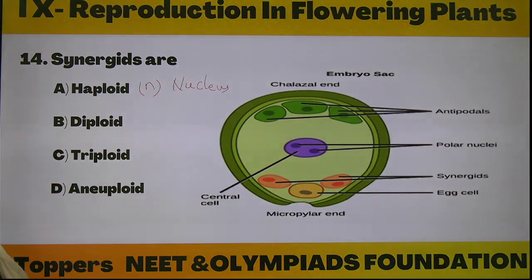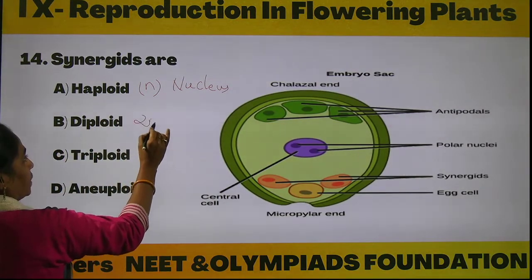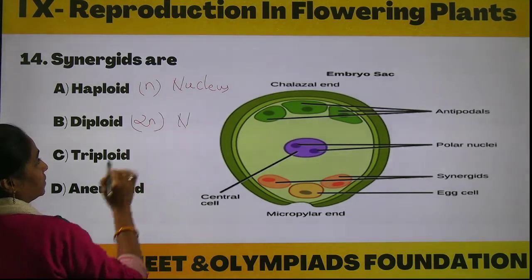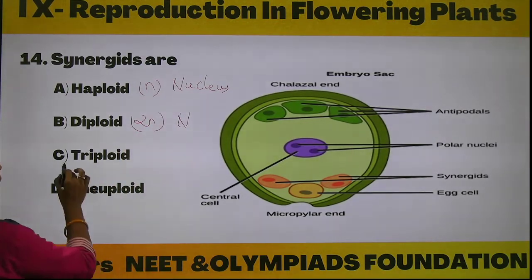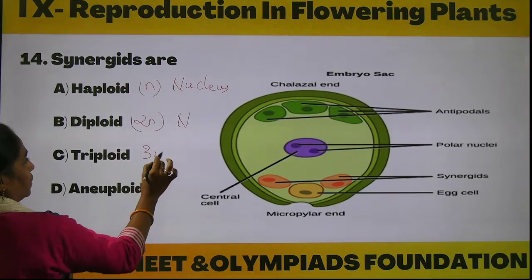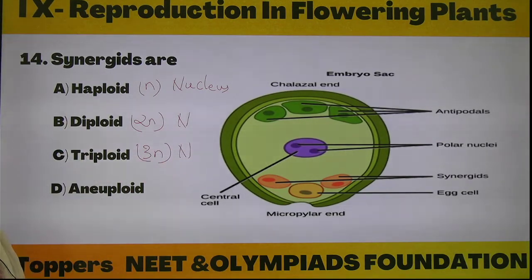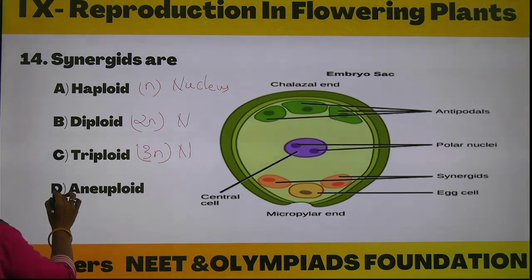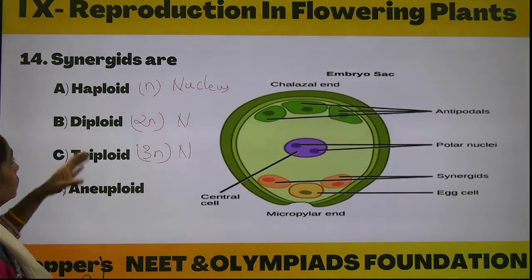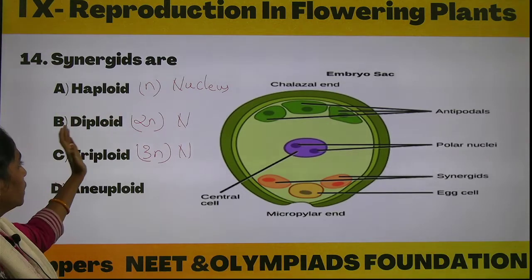Are they diploid? Means 2n number of nuclei. Triploid means 3n number of nuclei. And aneuploid means there is no nucleus. Haploid, diploid or triploid.